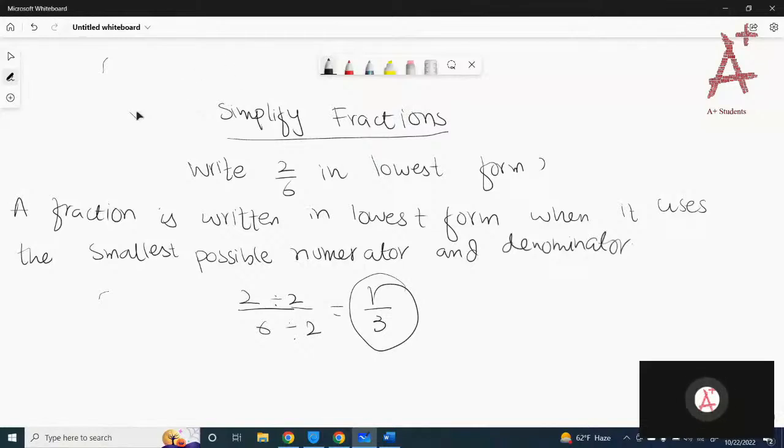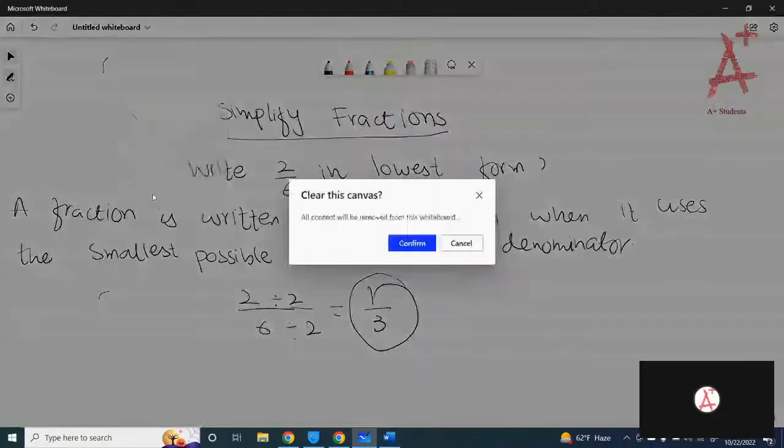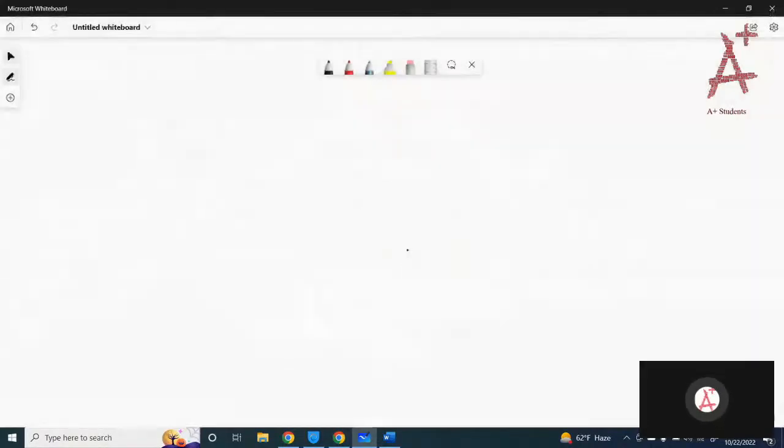Okay, the next example is write 4 by 6 in lowest form. So you have to find the greatest number that can divide both numerator and denominator.